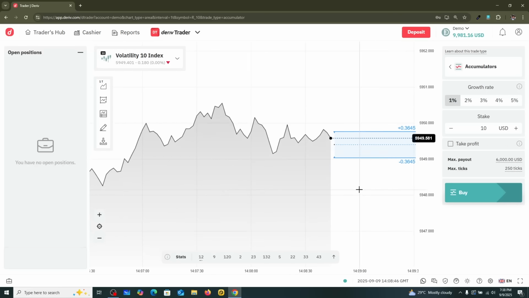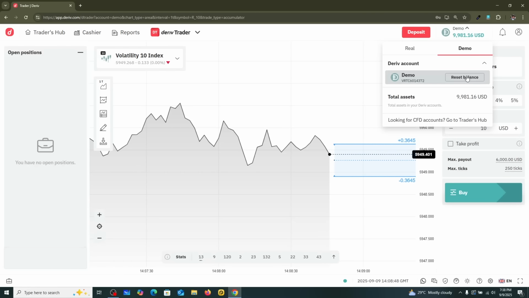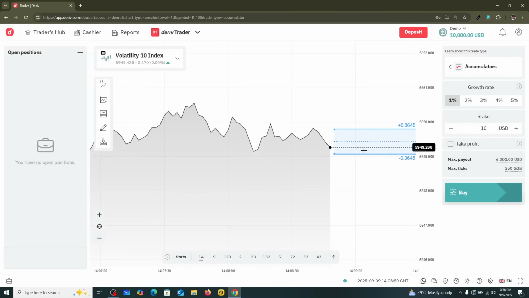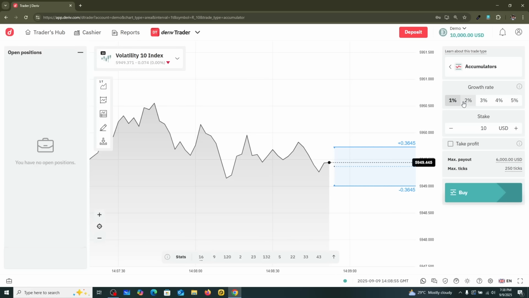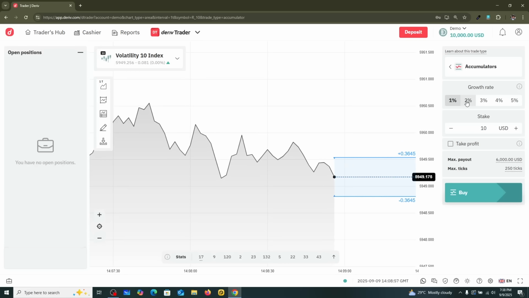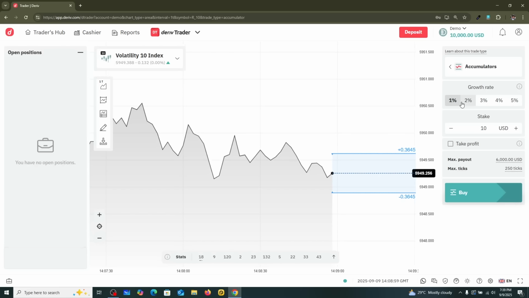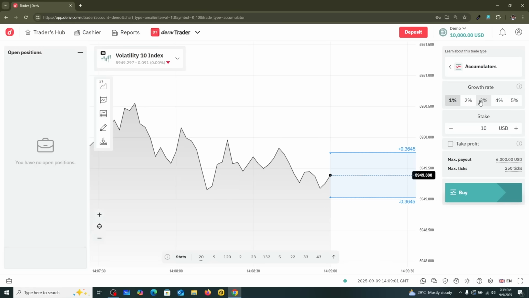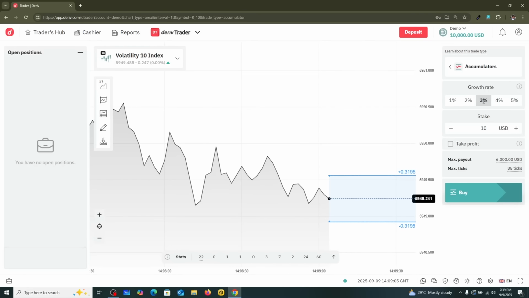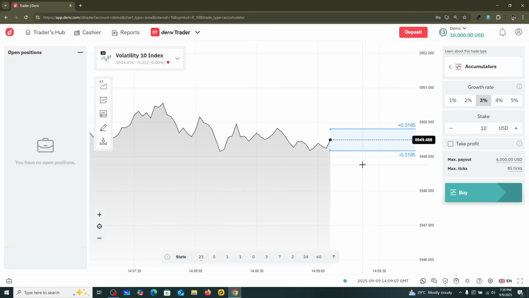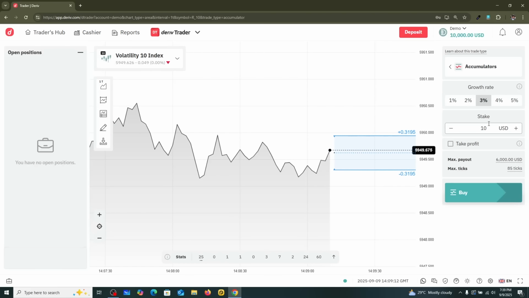This is the method I'm going to teach you today, how we are going to make some money from it. First of all, you have to select 3%. It is much riskier, but we are getting 3% profit of the stake.